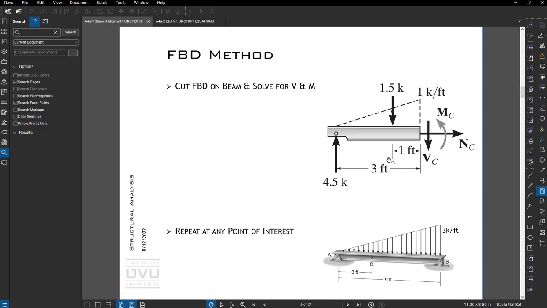Wherever we cut through the beam, we replace that with a shear, an axial force, so a force along the long axis of the member, and a moment. From here, we can solve this using our 3 equations of equilibrium in a two-dimensional space.